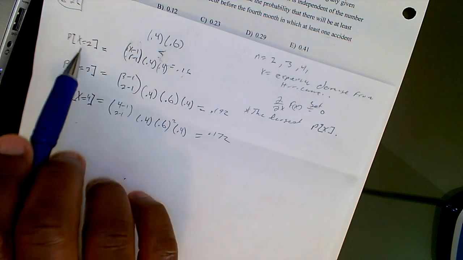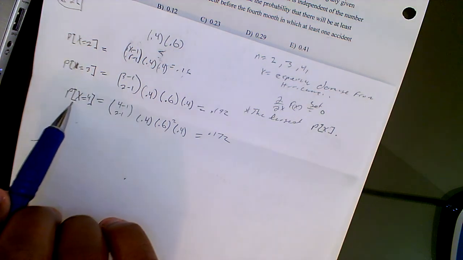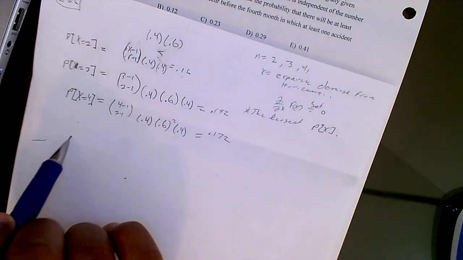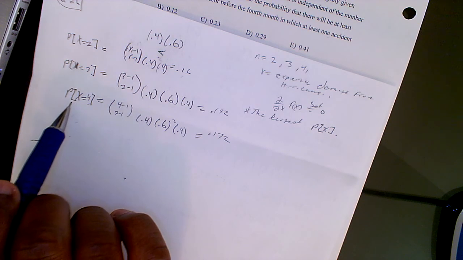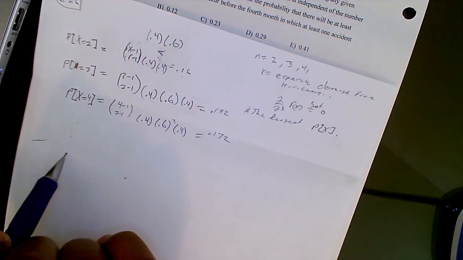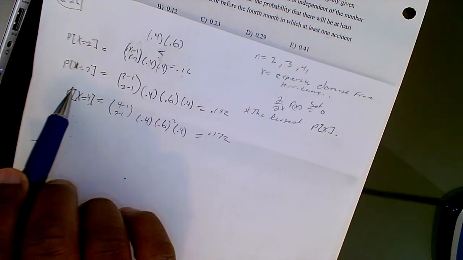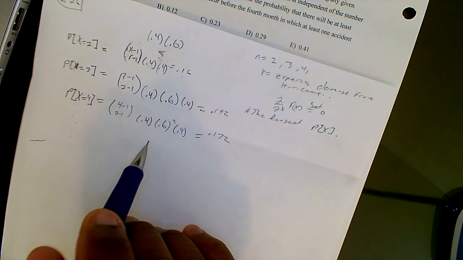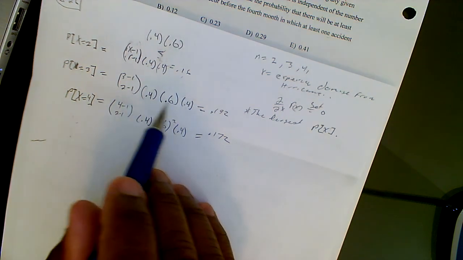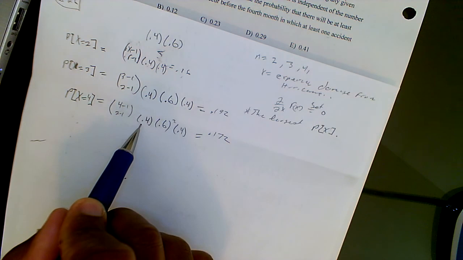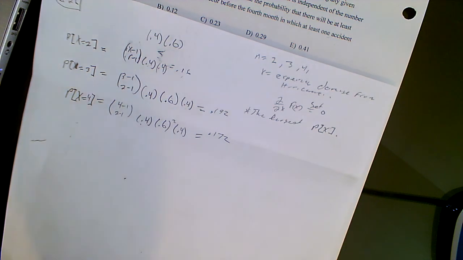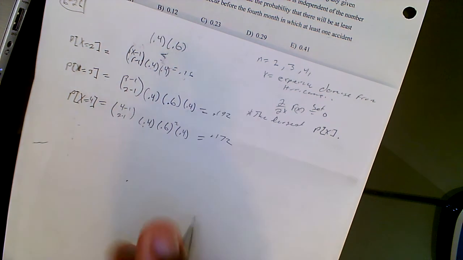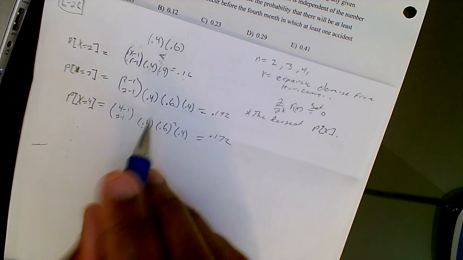So we know that as x increases, these probabilities are going to decrease. The probabilities are going to decrease because the 0.4 times 0.4 stays constant, since we need exactly 2 damages.